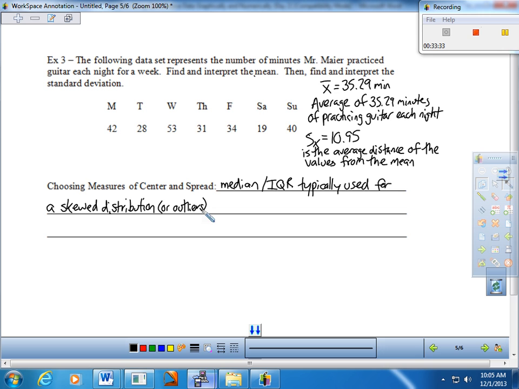So median and IQR for skewed or outliers, and then we would say probably the mean and the standard deviation for reasonably symmetric data distributions, a symmetric distribution with no outliers.